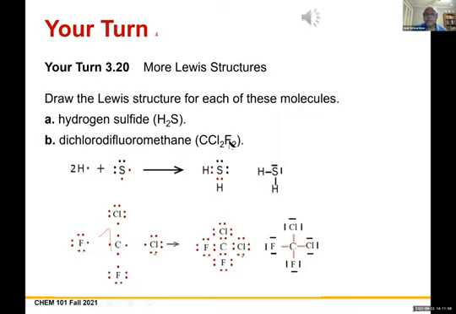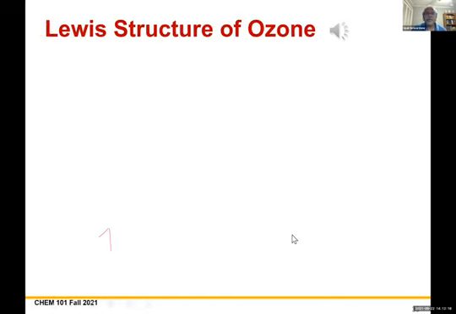So the valence electron number has to be the same. That comes from the total of that. So this has 8 valence electrons or 4 electron pairs. This has 16 electron pairs. So we got to know how to do Lewis structures of covalent molecules.